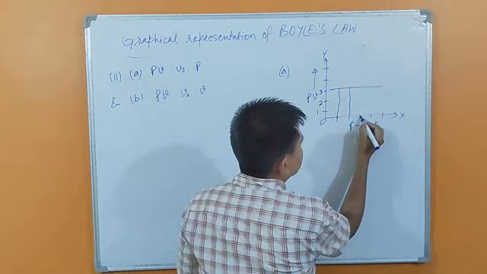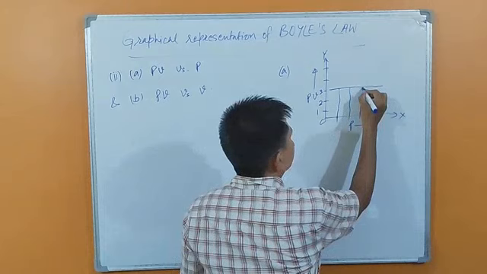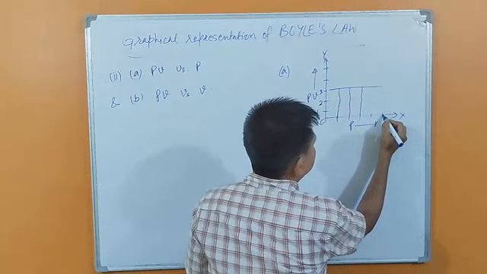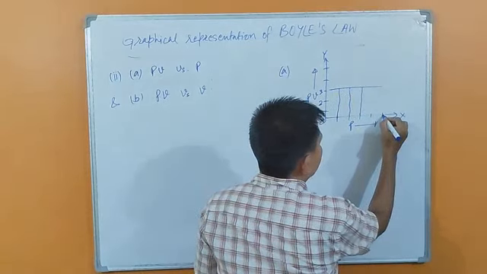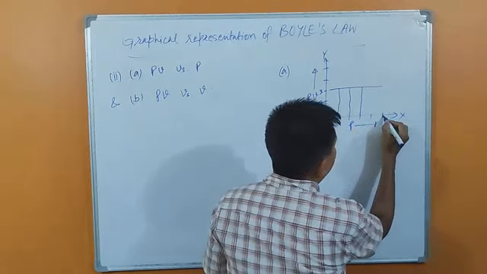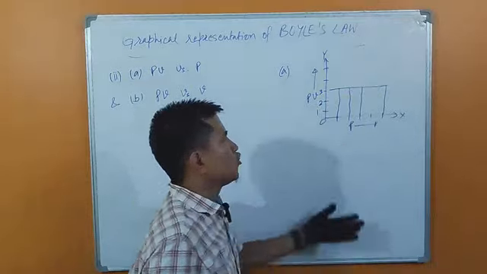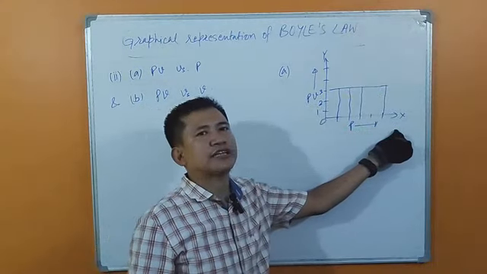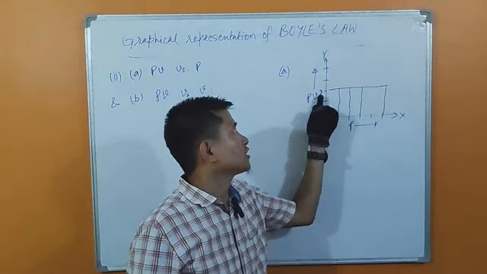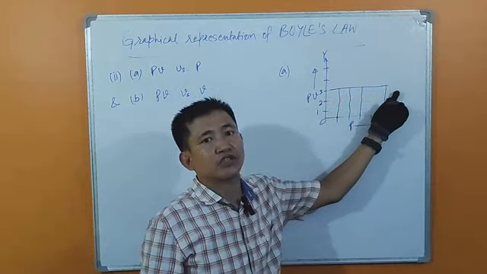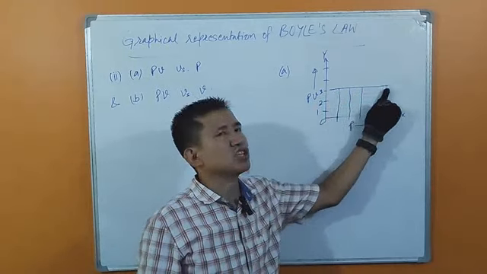When you increase the pressure to 3, the product of pressure and volume is 3. When you increase the pressure to 5, the product of pressure and volume is 3. No matter how much you change the pressure, the product of pressure and volume does not change. It will remain the same. That is 3, 3, 3, 3, 3.